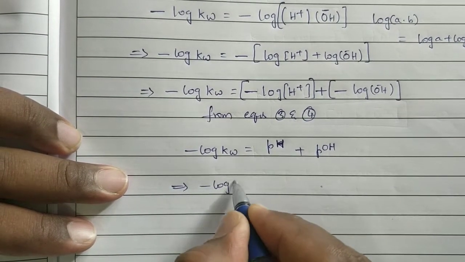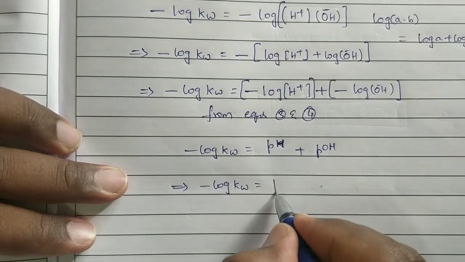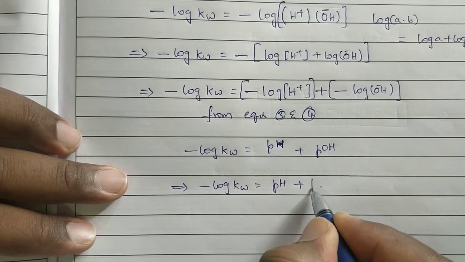This implies minus log Kw is equal to pH plus pOH.